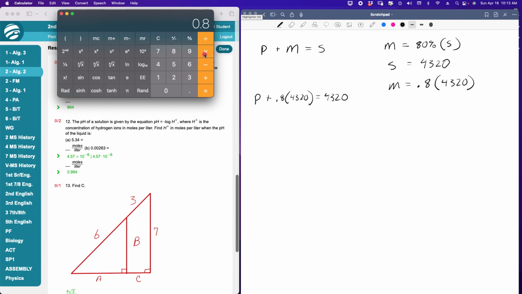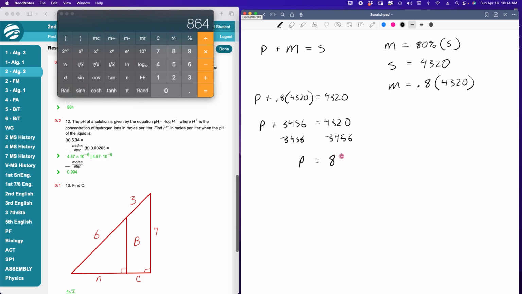So 0.8 times 43.20 is 34.56. So the purchase price plus 34.56 is equal to 43.20. So if I subtract 34.56 from both sides, that should give me the purchase price, and 43.20 minus 34.56 is $8.64.